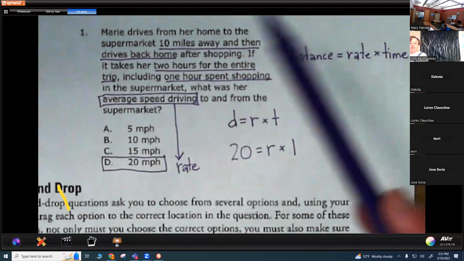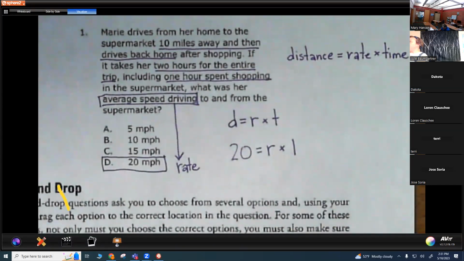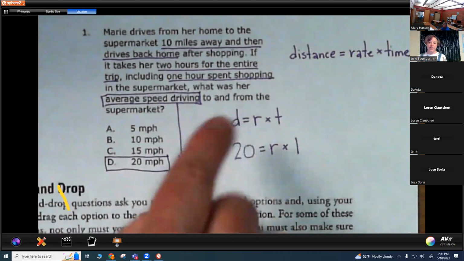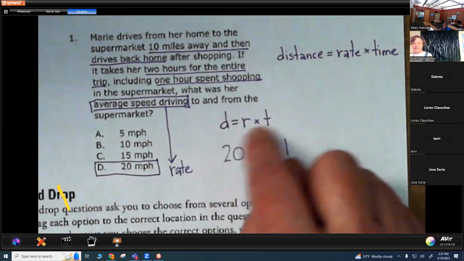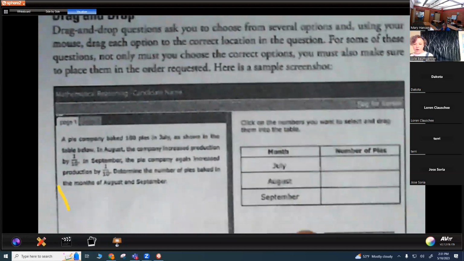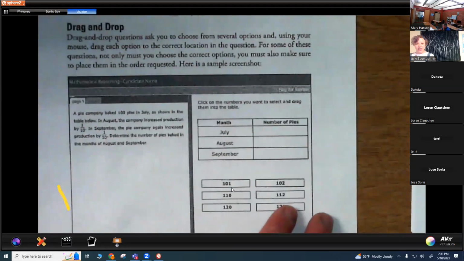So another thing that's really helpful is to become familiar with the formula sheet, because just like we said, if it's on the formula sheet, you're responsible for it for the test, and there's usually at least 1 or 2 of these distance formula questions. All right, so another question type, and I think we've seen this before, is a drag and drop type question.